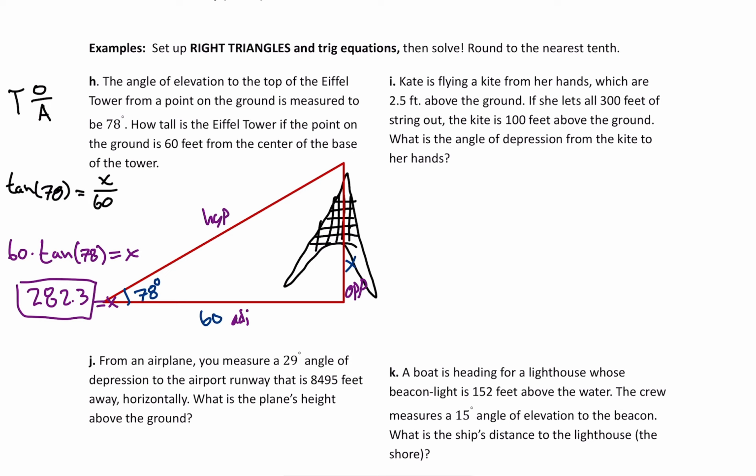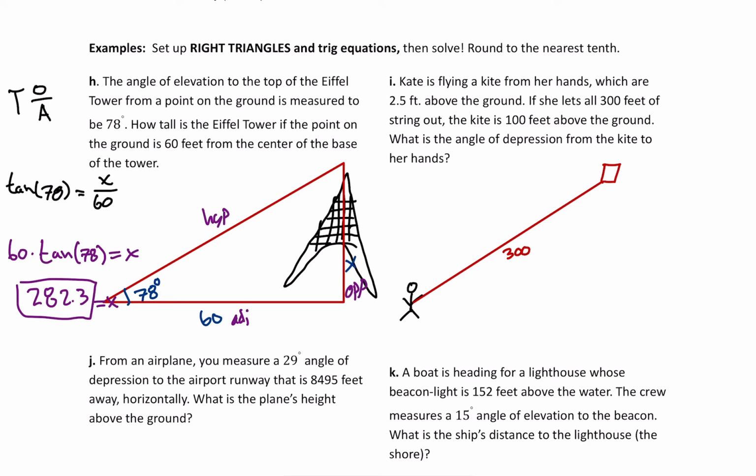Okay, well, I'm going to draw Kate down here. And then I've got a kite that she's holding up here. And I know that she's letting all 300 feet of that string out. Now it says that we're trying to find the angle of depression to her hands.